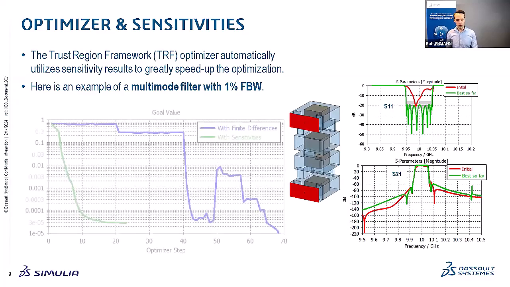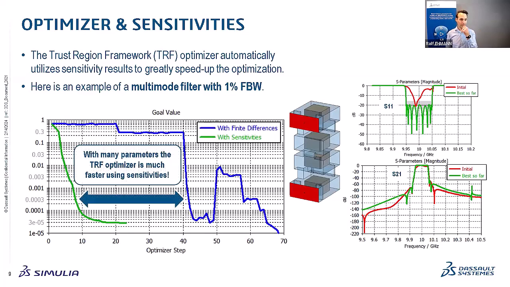So the point is, we are able to optimize this as well, making use of the approach that I just showed you. And more than that, the TRF, or Trust Region Framework, utilizes the sensitivities, and you can see that even under 10 iterations you already have convergence. This may vary depending on the complexity.